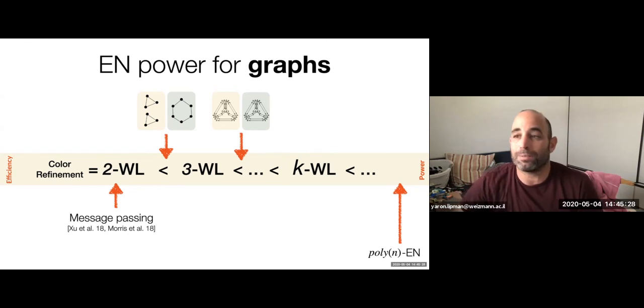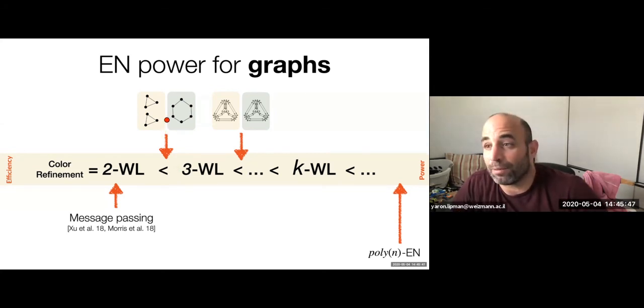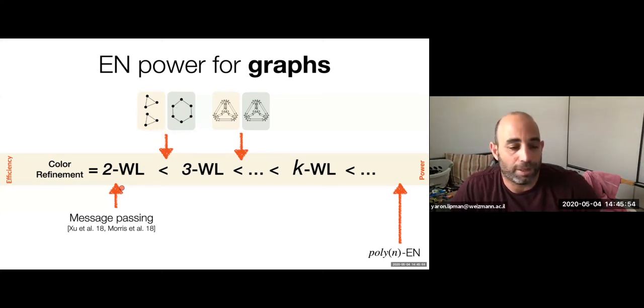Message passing will always give the exact same result for these two graphs. Meaning, for example, that message passing cannot learn the number of connected components in a graph, because it will always fail on this case. By the way, the reason it fails here is because these are regular graphs. All the degrees are the same. So unless you provide some feature vectors on the nodes to help it, message passing will never be able to separate these two graphs.